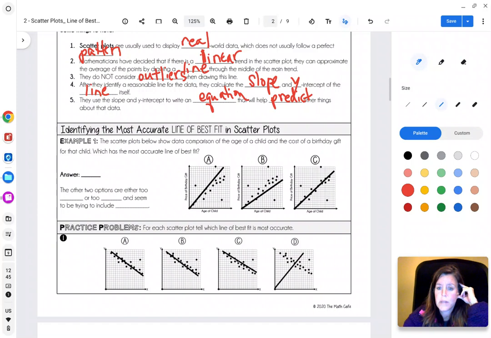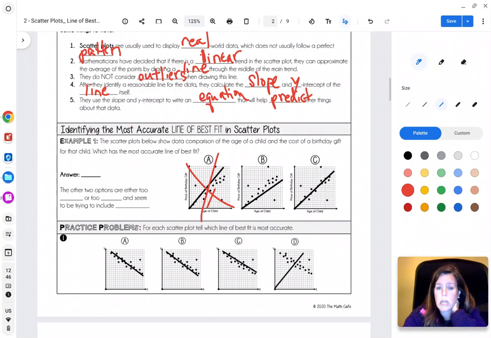And again, has about the same above and below the line. It looks like most of those points are below the line. There's only 2 points above the line. Sorry, A. B is kind of the same way. It looks like most of those points are above the line.